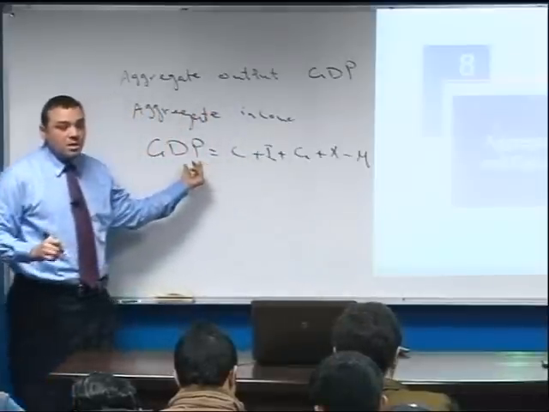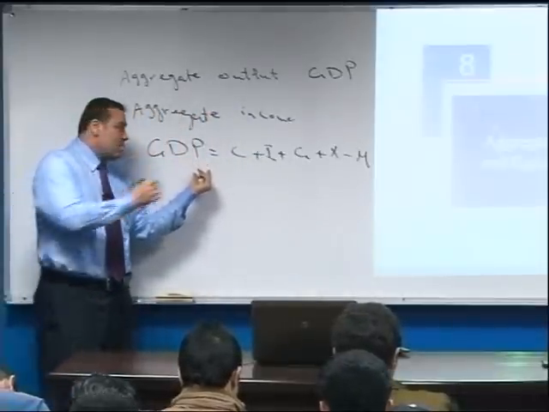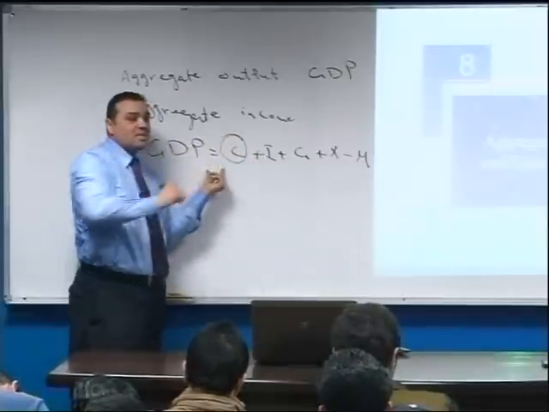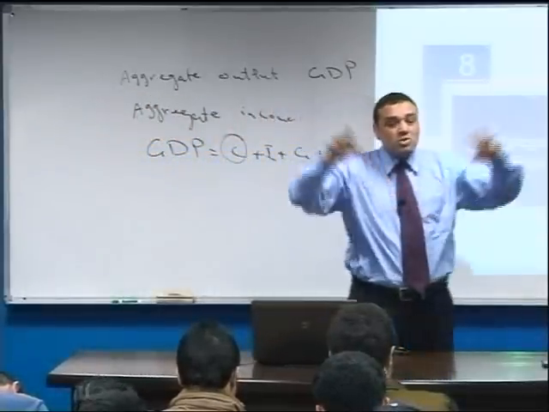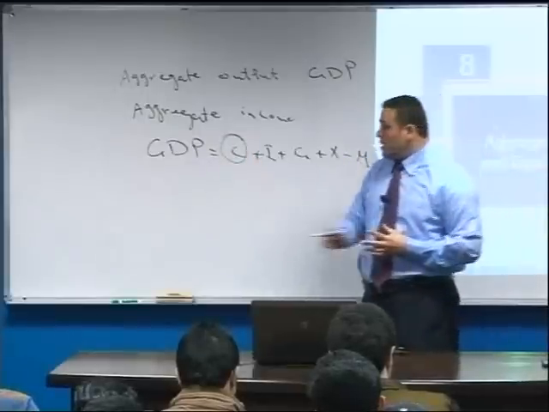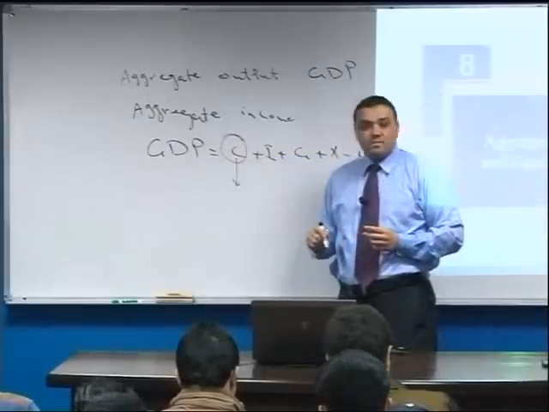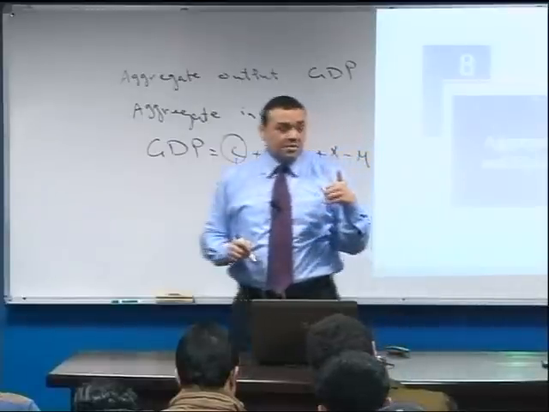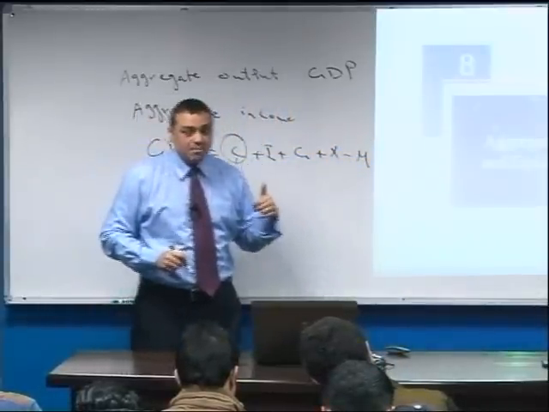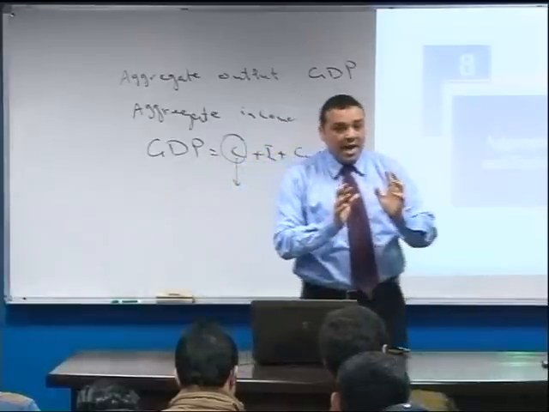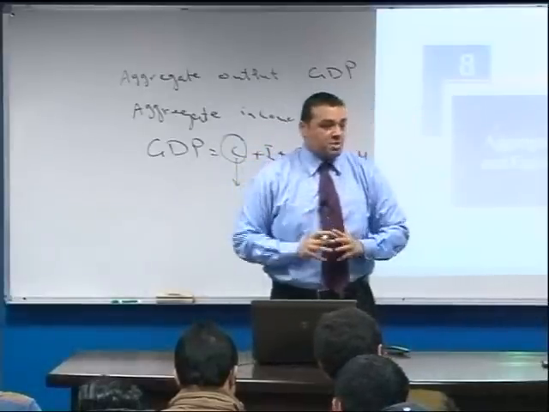In this chapter, we will focus on the C. We will do a deep analysis of household consumption in a detailed way, so we will derive the consumption function, and we will study the relationship between the aggregate income and aggregate consumption.